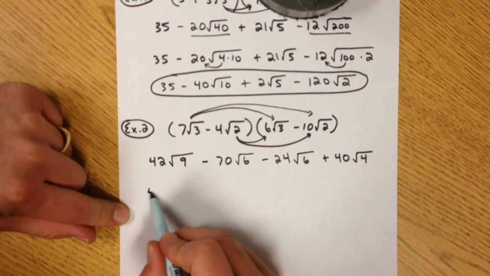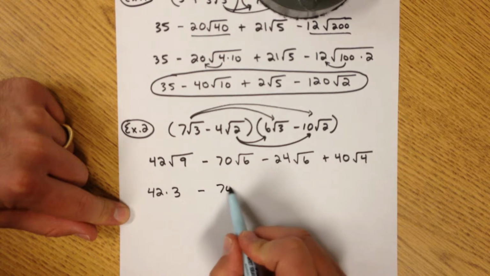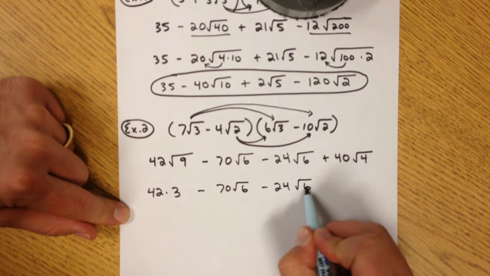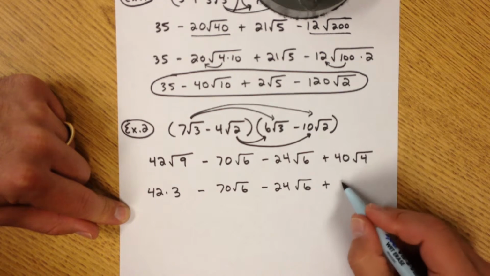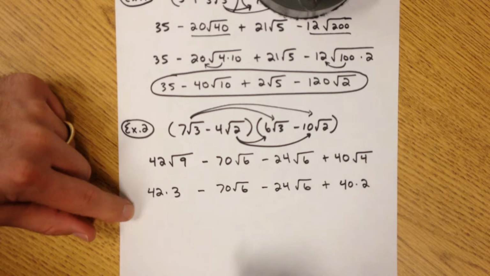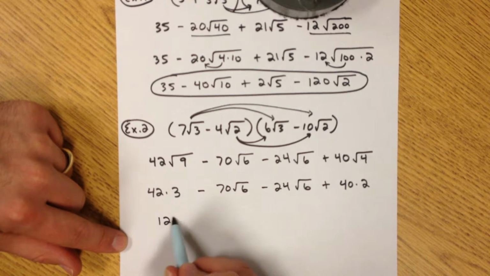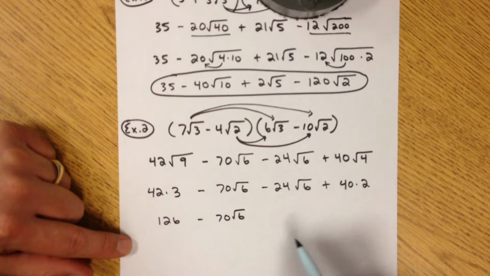If we rewrite this, this is 42 times 3 minus, you can't reduce those, and the square root of 4 is just 2, so that's 40 times 2. So multiply here, I get 126. Make sure I'm not running out of room.